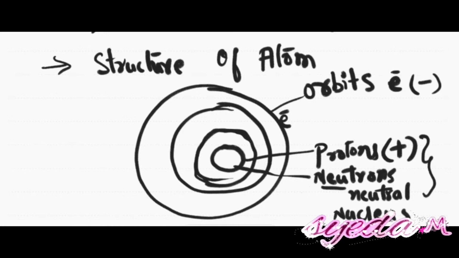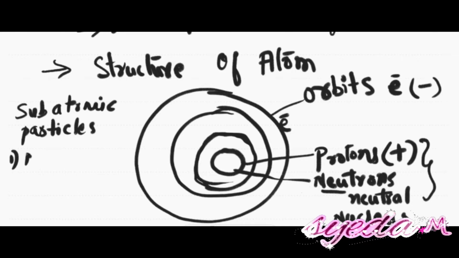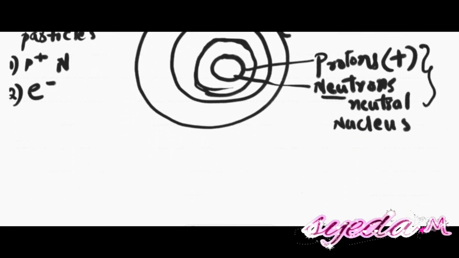That means an atom is made up of what? Subatomic particles. Now what are these subatomic particles? One is protons, which are positively charged, and neutrons. Second are electrons, which are negatively charged. So these are the subatomic particles.